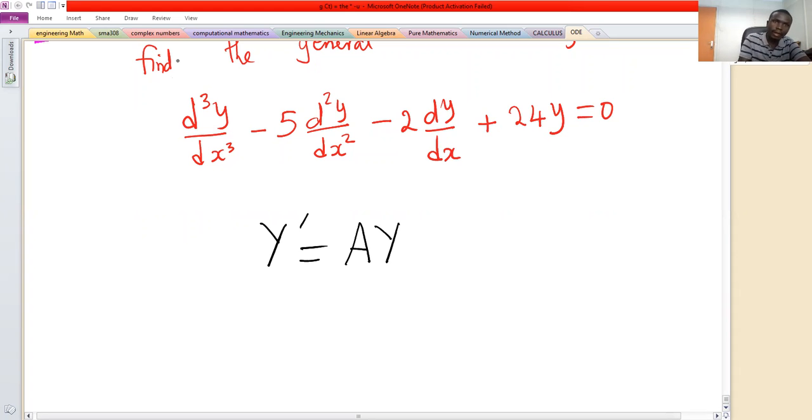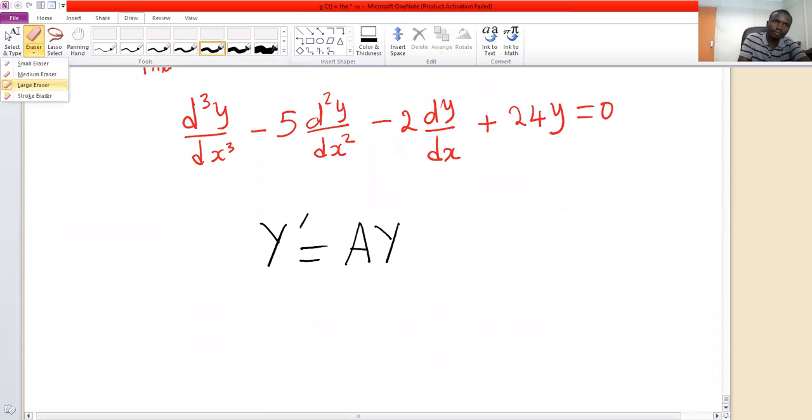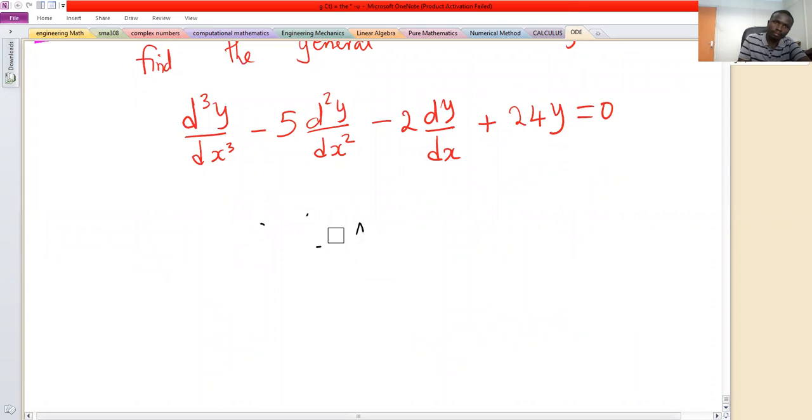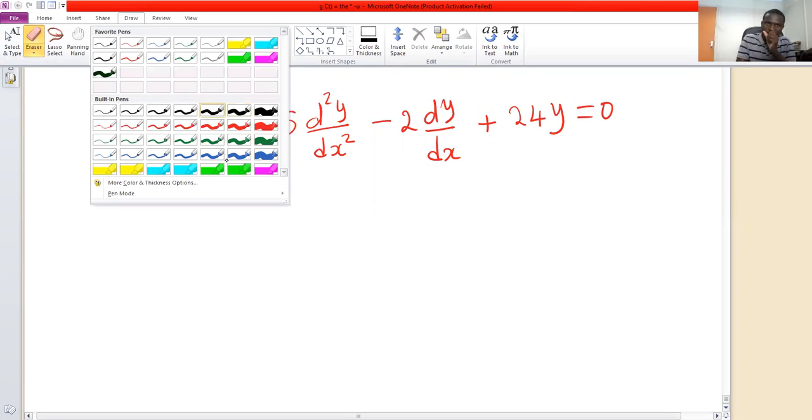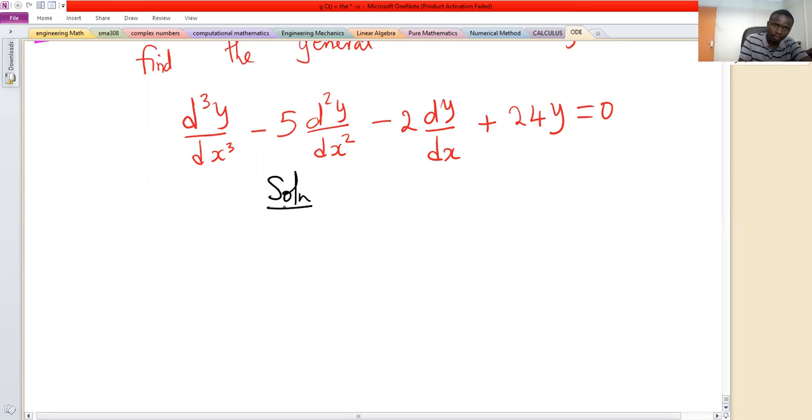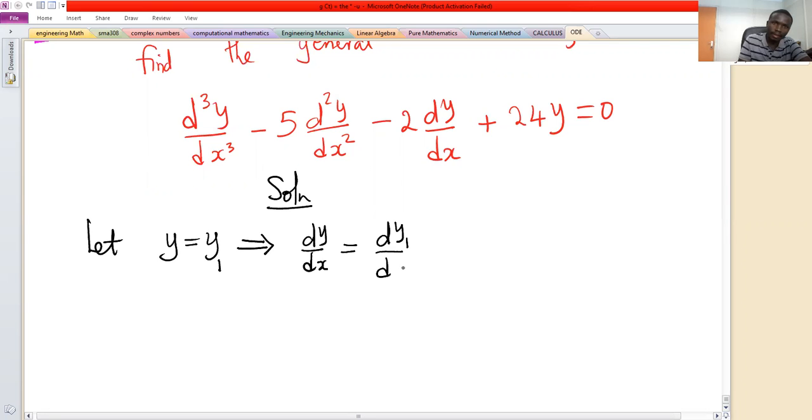So start by saying, let y be another variable y1, which implies dy dx is the same as dy1 dx, which we let, the first derivative of y, or y1, to be y2.